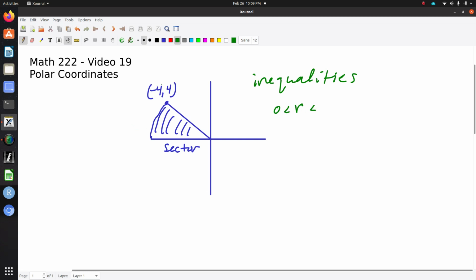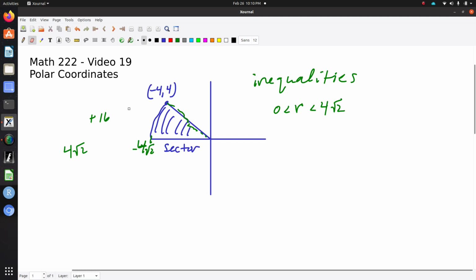I don't know. So what is r? Well, we have x squared plus y squared, and then we take the square root of that. So that would be 4 square root of 2, I guess. So this sector goes from 0 all the way out to 4 square root of 2.